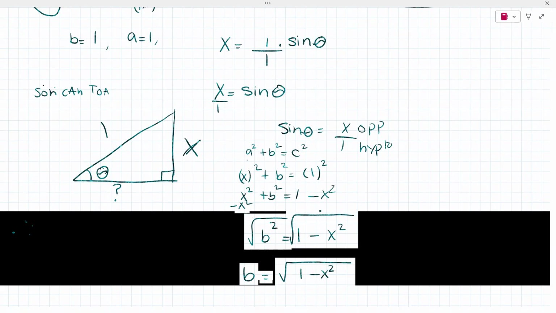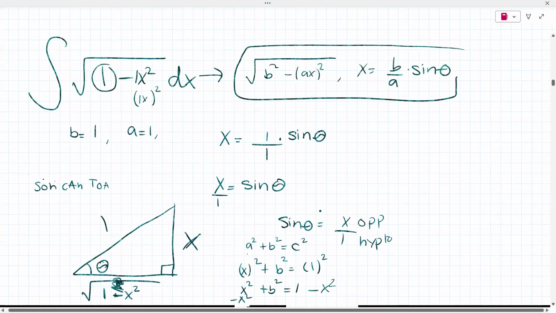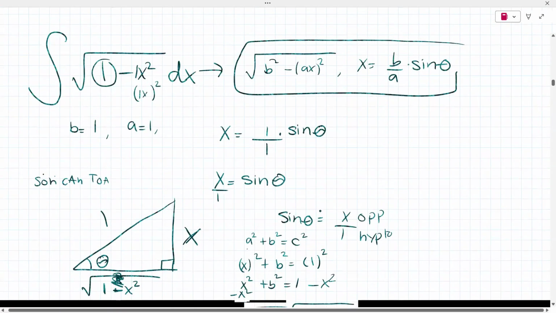Okay, we're going to need that. So this missing side length is the square root of 1 minus x squared. Then we got to do some kind of substitution.